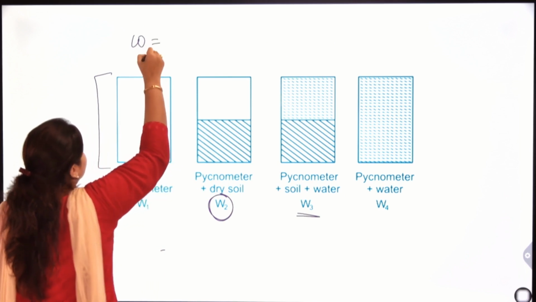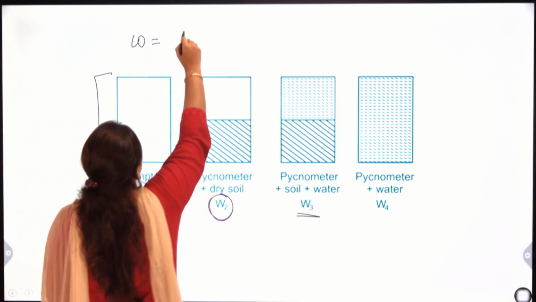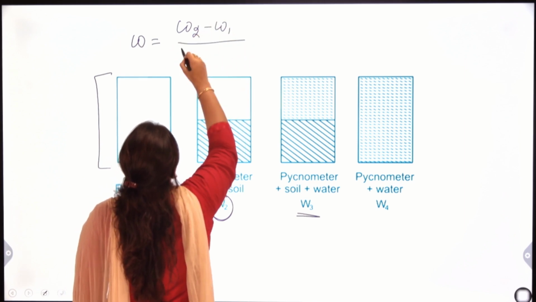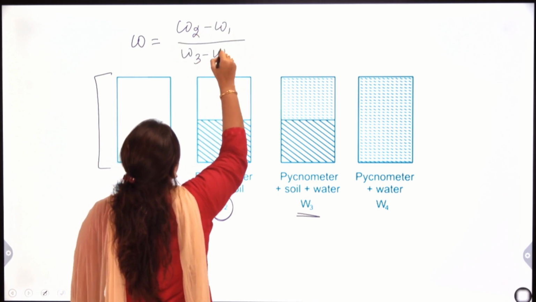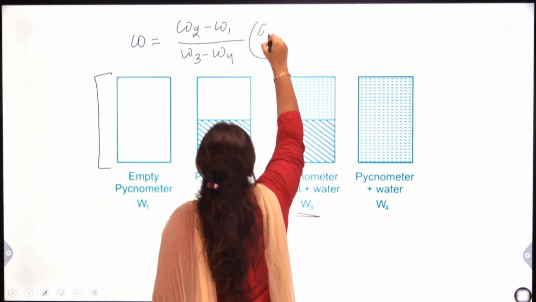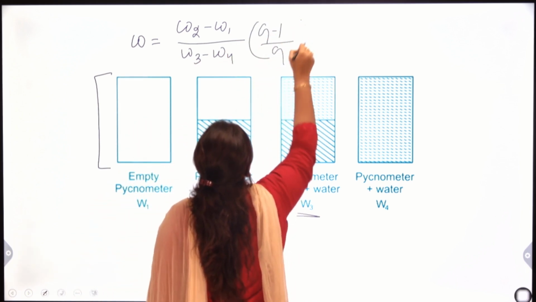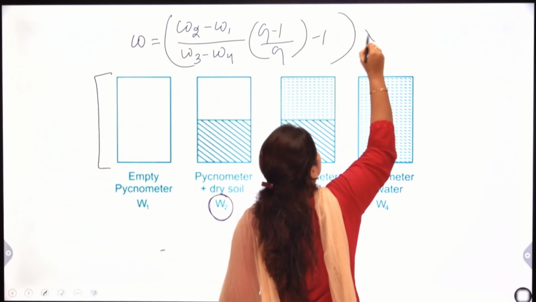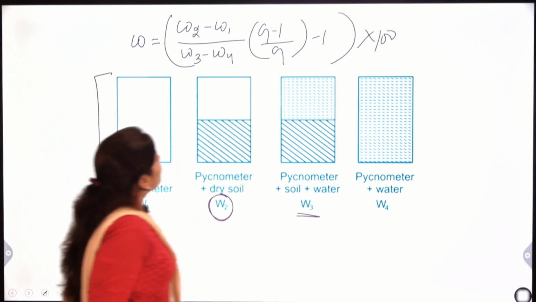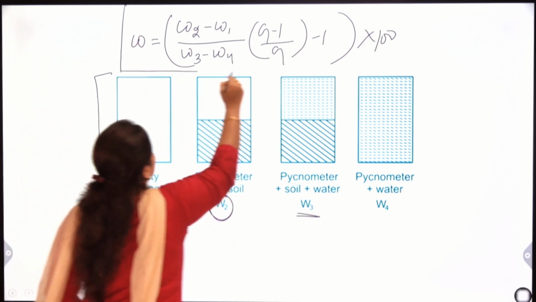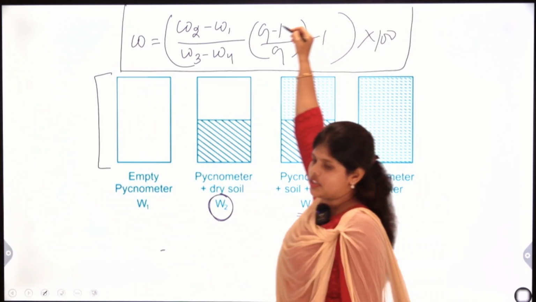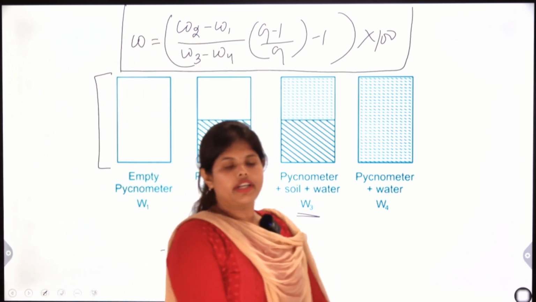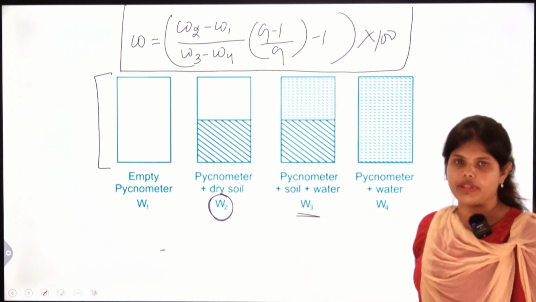So, our w will be here. This is the formula for calculation of water content using the pycnometer method.